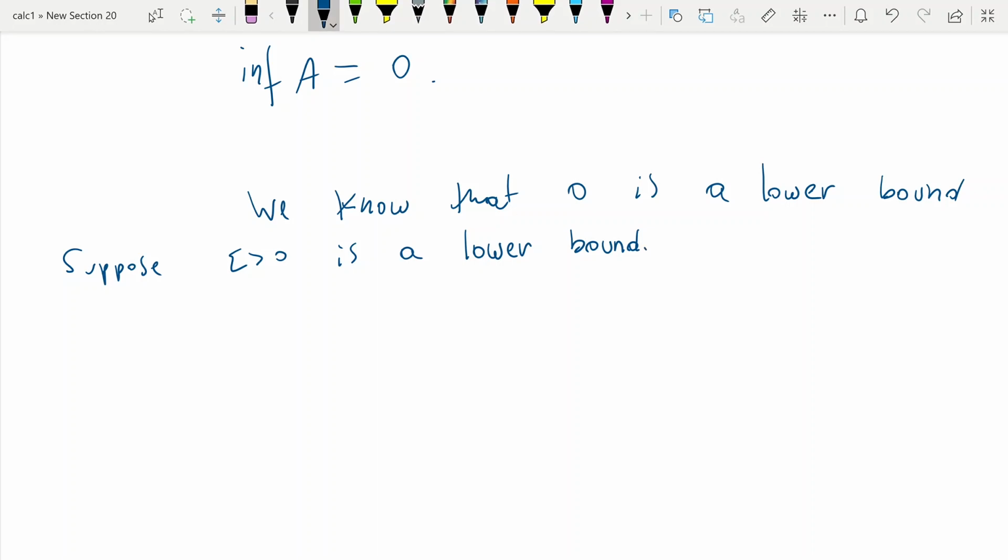In fact, we don't even need to assume that this is a lower bound. We can just let epsilon be some number greater than 0.